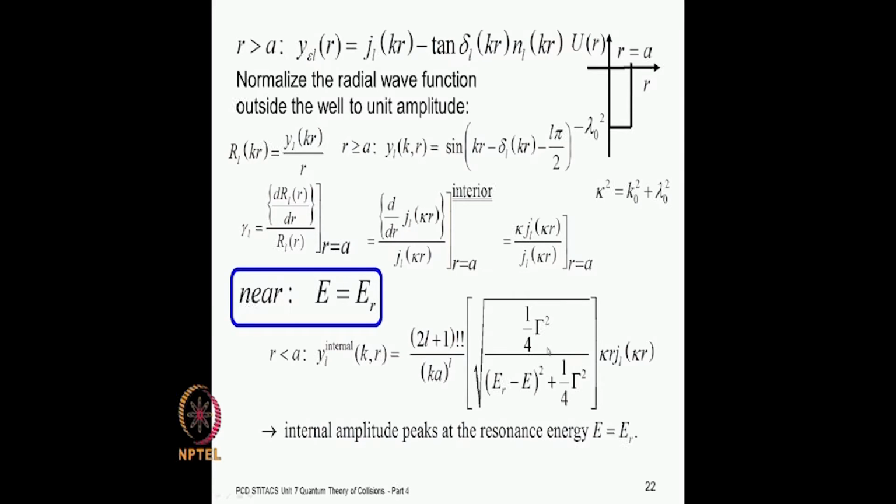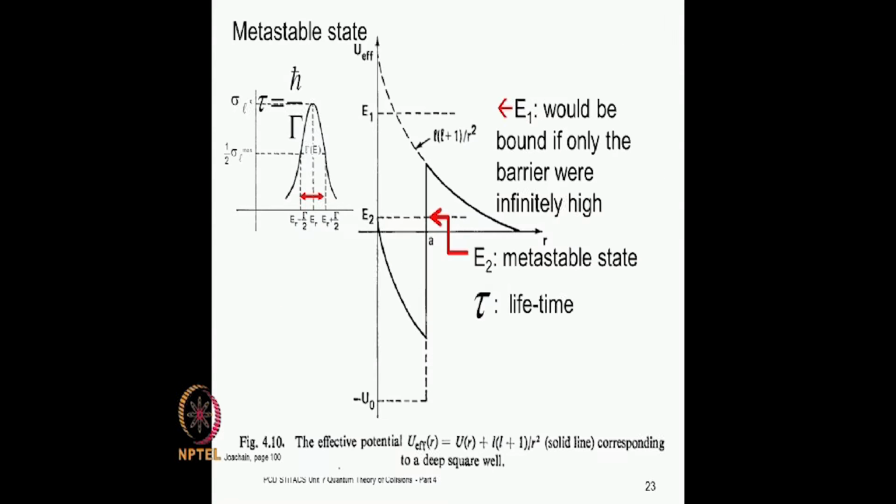So what this whole analysis is resulting in is that the particle tends to get bound in the well for this particular case. So that's what happens at a resonance. So there is a bound state and the particle tends to get bound in the well.